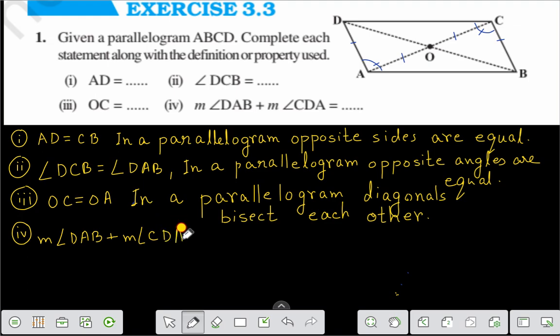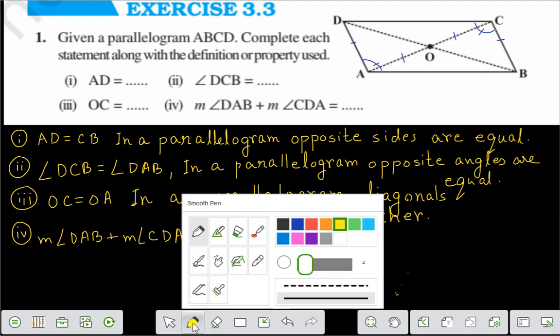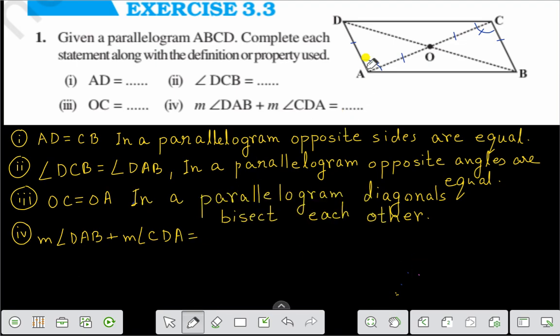Measure of angle DAB means this angle, plus CDA means this angle, right? Here you see these are adjacent angles, therefore, right?